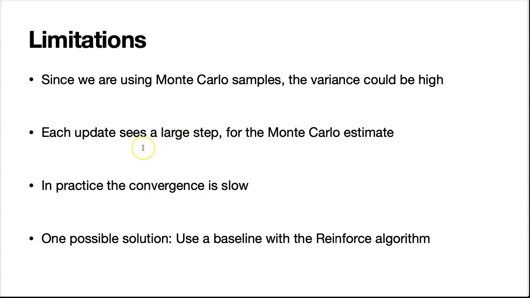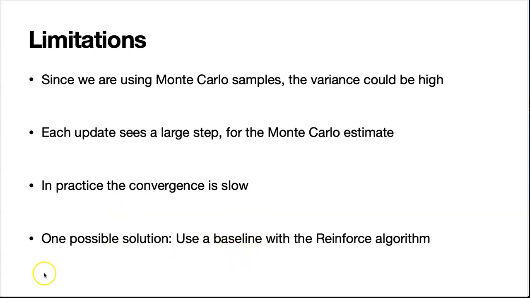Each update sees a large step for the Monte Carlo estimate, so the variance can be quite high. Because of this, in practice, the reinforce algorithm using the gradient update that we just showed has a very slow convergence.